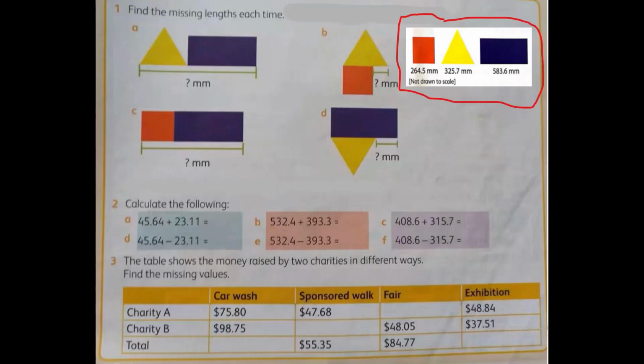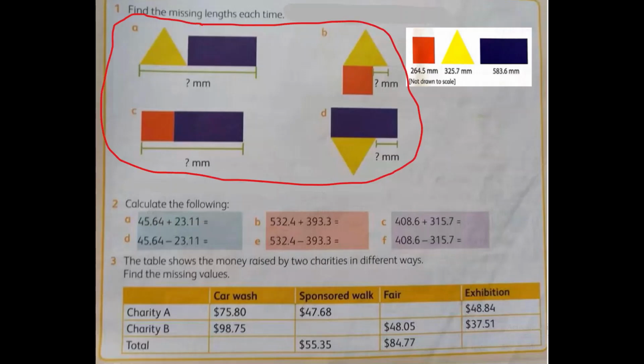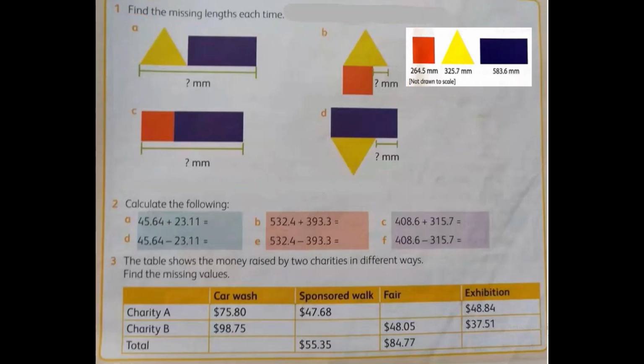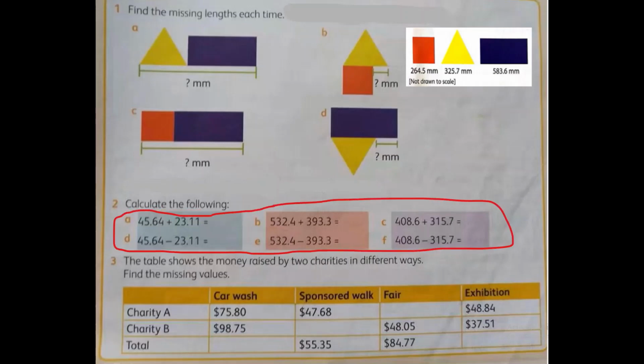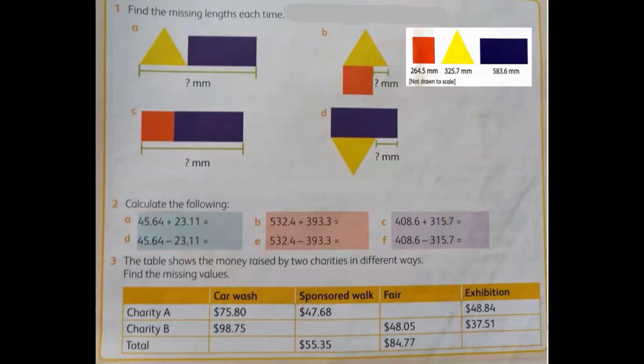You can use those 3 shapes' lengths to help you figure out problems A, B, C, and D. Then for number 2, the directions say calculate the following. So from problems A through F, you're just going to either add or subtract the decimal problem that's in front of you. And that's it.